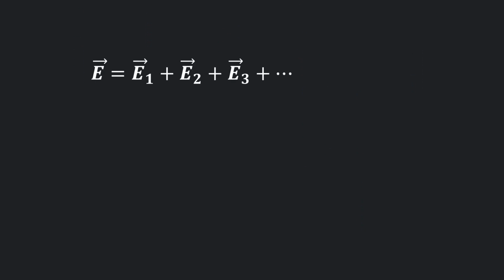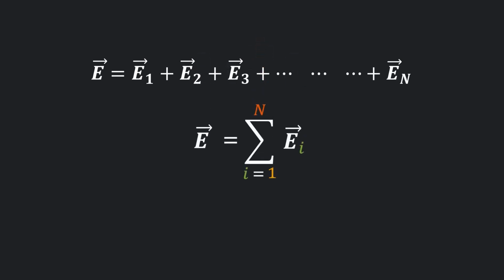Imagine we have a whole bunch of point charges, n of them to be exact. Now if we want to know the electric field at a specific point P, we need to apply the superposition principle repeatedly. That is, the net field at P is equal to E1 plus E2 plus E3 and so on. Or in a more compact form, E is equal to the summation of Ei, where i varies from 1 to n.